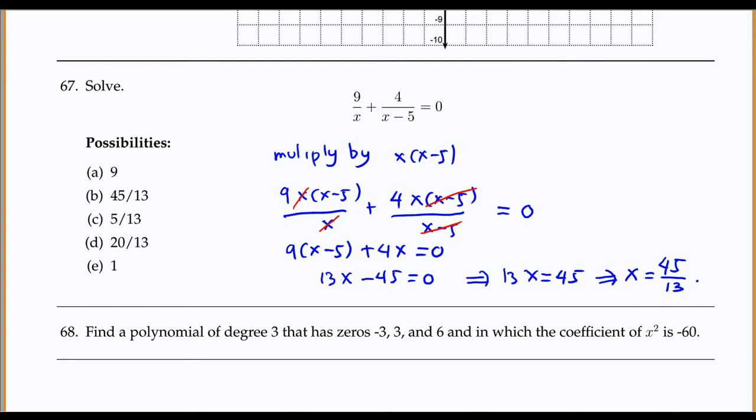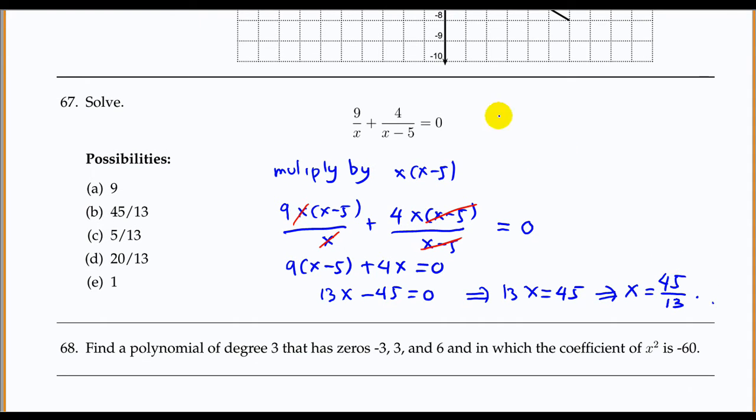And I think it's a good habit, especially if you deal with a rational function, to check that this x is not the x that makes one of the denominators equal to 0. Because it is not equal to 5 or 0, then we are fine. So that's the answer.